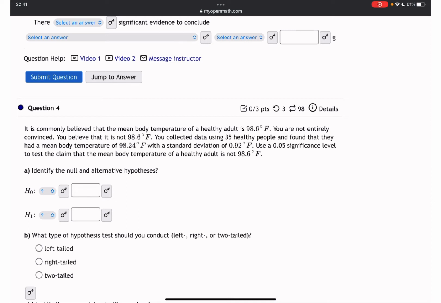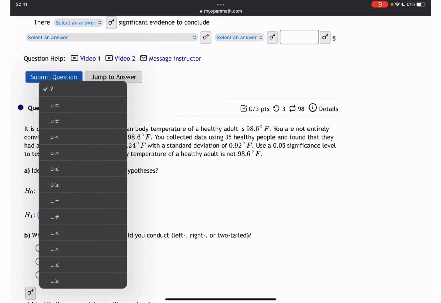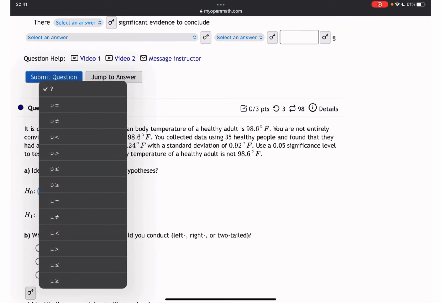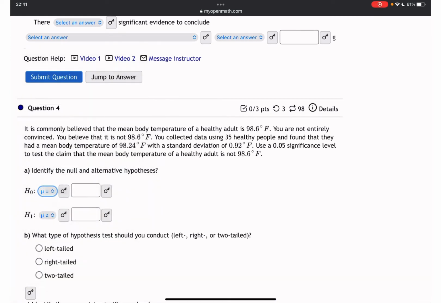Okay, so it says use 0.05 significance level to test the claim that the mean body temperature is not, meaning not equal, which is going to be mean is not equal, average is not equal, and accordingly the null hypothesis is going to be mu equal. It's a complement, right? And how much it's going to be? 98.6.